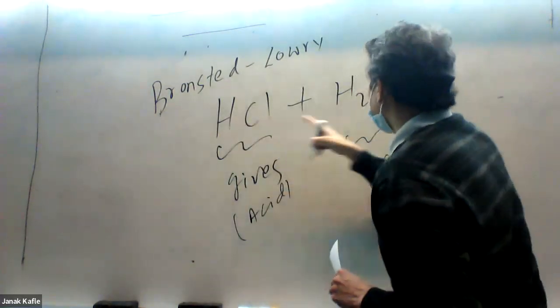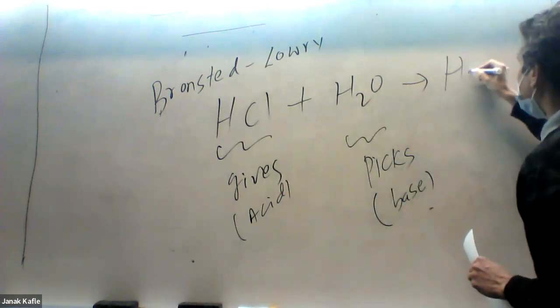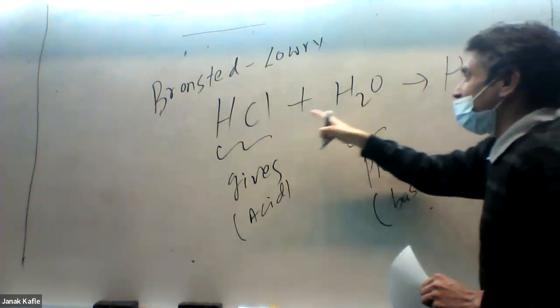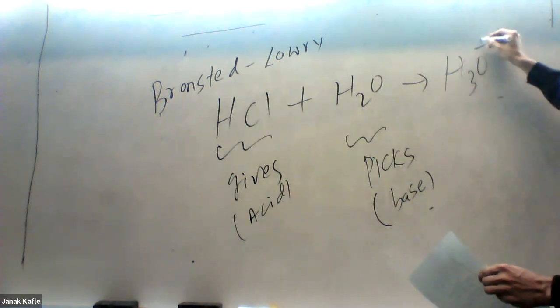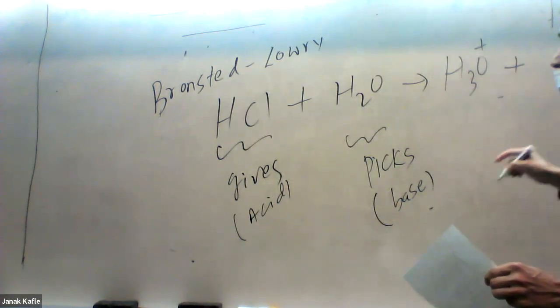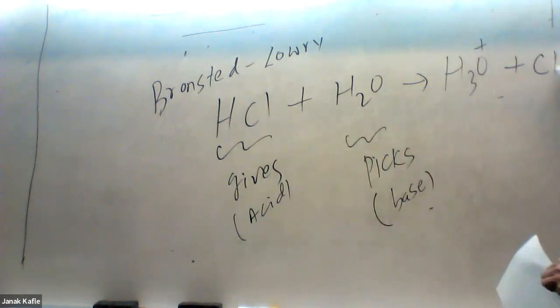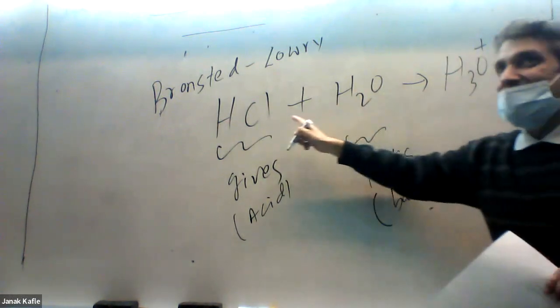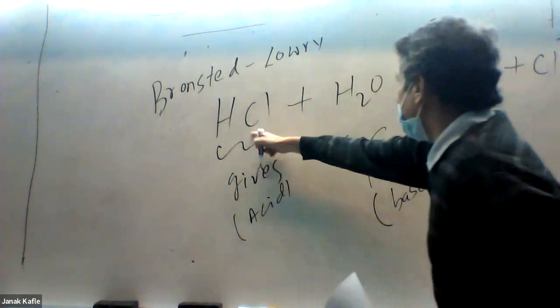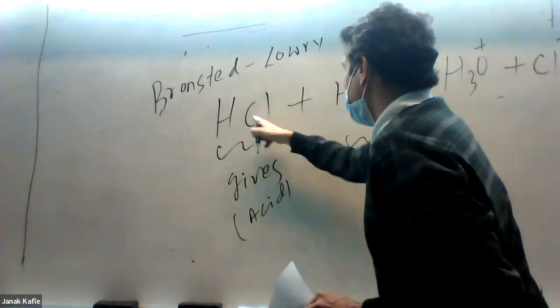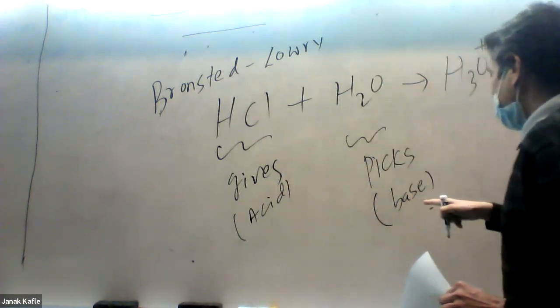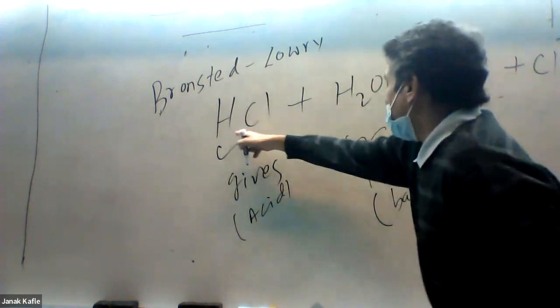Now if H is going to combine with this one, that becomes H3O. See that H2 is already there. H comes and sits with H2O and it becomes H3O plus. And there is a Cl minus here. So HCl gives this H to this guy. So this gives H plus to this one. So this is acid.